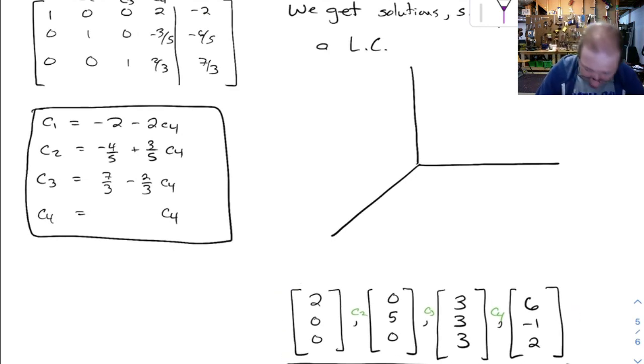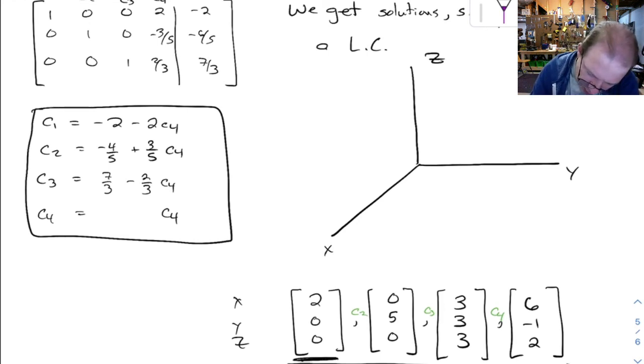So these are x, y, and z in that order. All right, if you look at these things, this first vector is 2, 0, 0. So if we were to draw that in, it's going to have an x value of 2. So it's going to go along this line. 0, 5, 0, that's going to look like this.